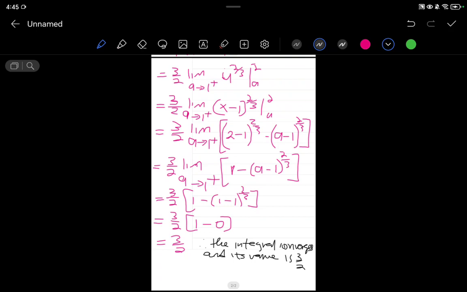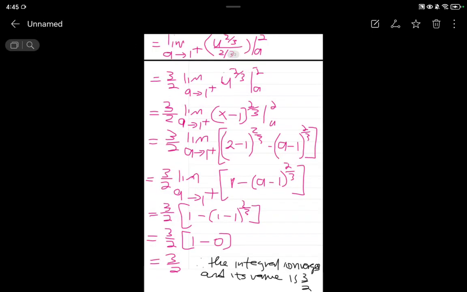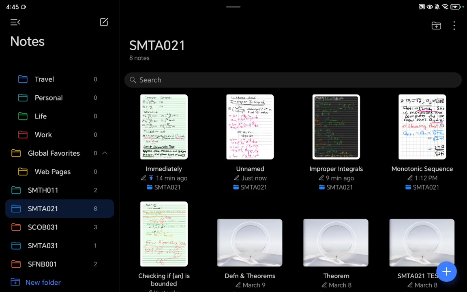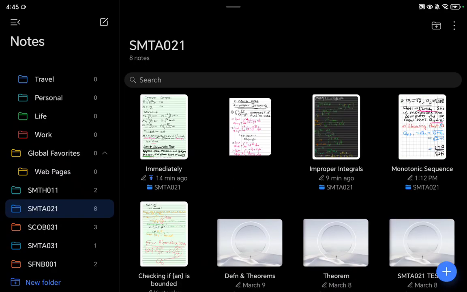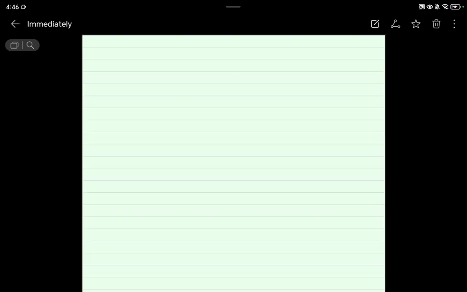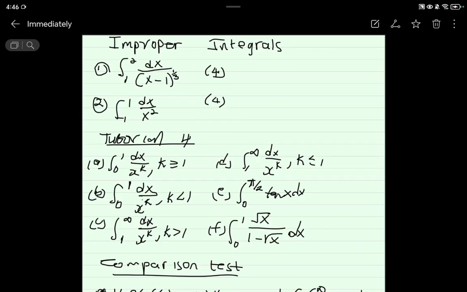So let me check the other question that we have. It's this one. The second question is the integral from -1 to 1 of dx over x squared, which is also 4 marks, right?